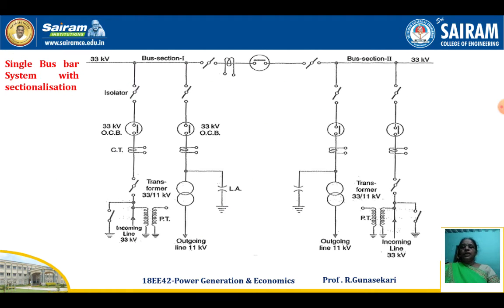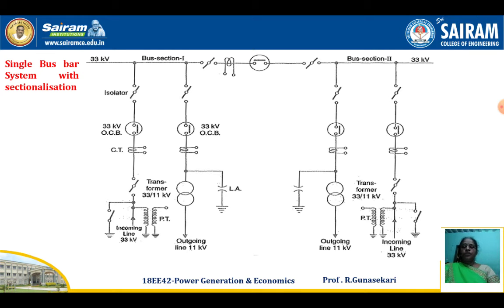Then the second type, single bus bar system with sectionalization. In this case, you can see the input is 33 kV and the output is 11 kV. So that is 33 by 11 kV, which means a substation. In this case we have to use sectionalization, you have to sectionalize it.